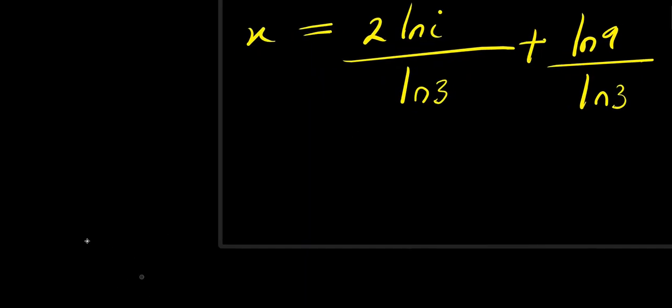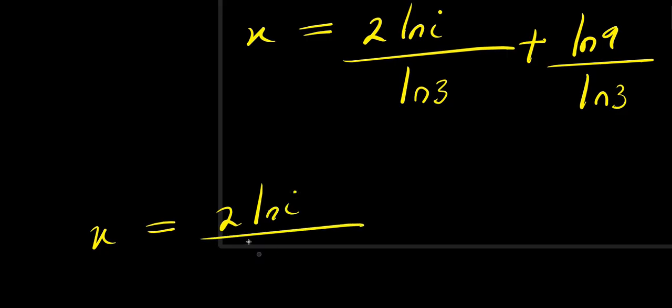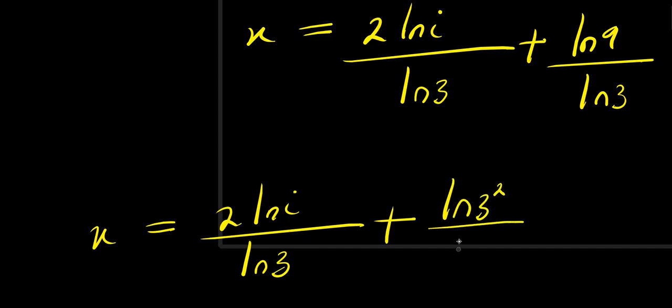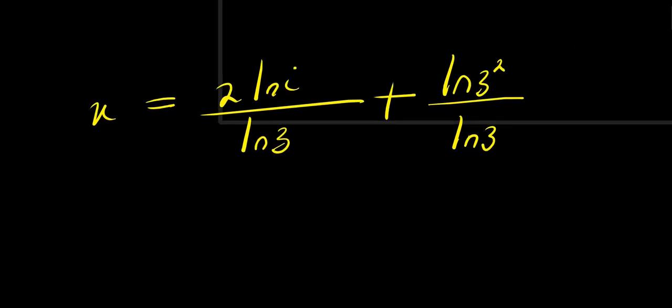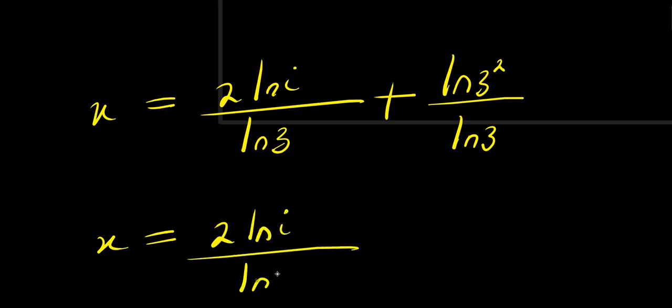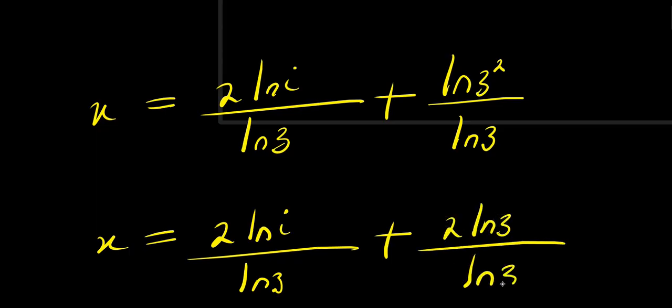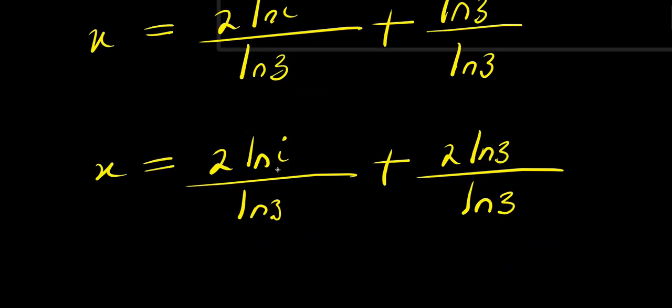So from here, we have x equals 2 times natural log i divided by natural log 3 plus natural log 3 power 2, that is 9, divided by natural log 3. So from here, we have x equals 2 times natural log i divided by natural log 3 plus 2 times natural log 3 divided by natural log 3.